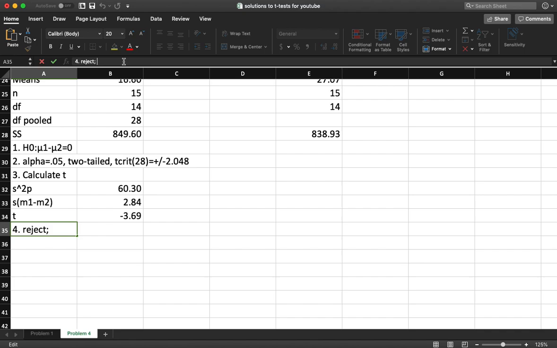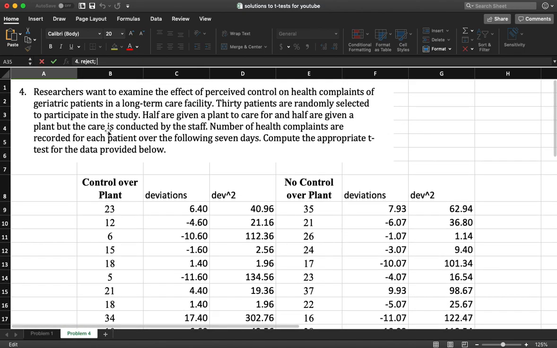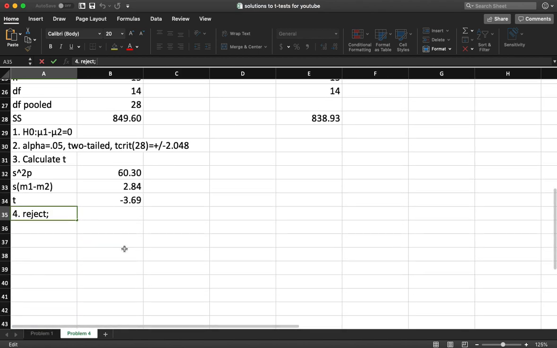Done. Let's write a sentence. Who are these people? They are geriatric patients. Geriatric patients, given control over a plant, reported significantly fewer health complaints than did those whose plant was cared for by staff.